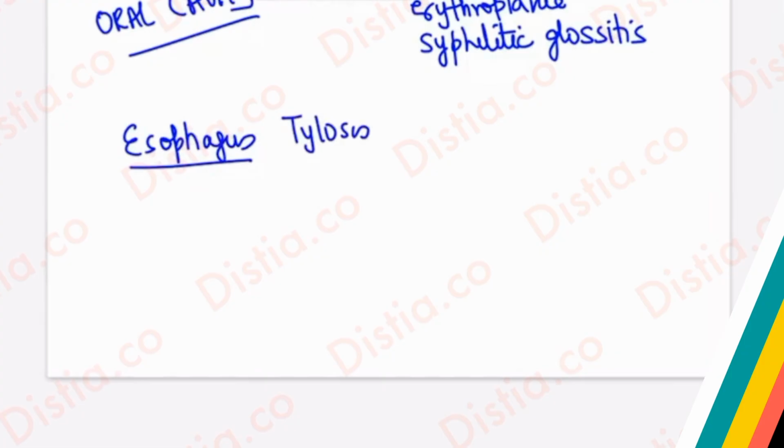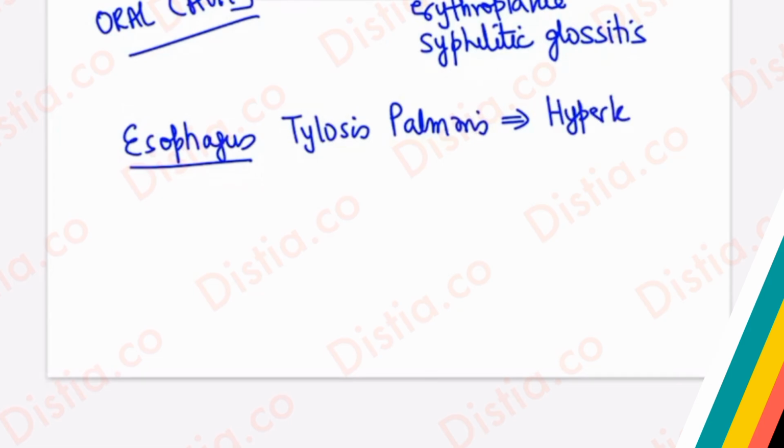So I'll start with over and above this that is asked in the exam, that is tylosis palmaris. When you read this term, it tells you the fact that in the palms of the patient there is hyperkeratosis. See, palms have squamous epithelium. Esophagus also can be having a squamous cell carcinoma developing.